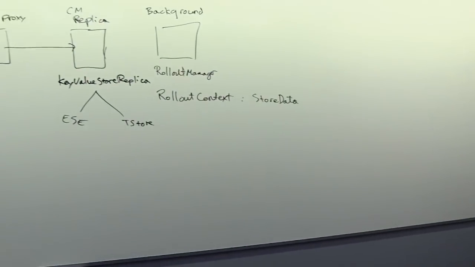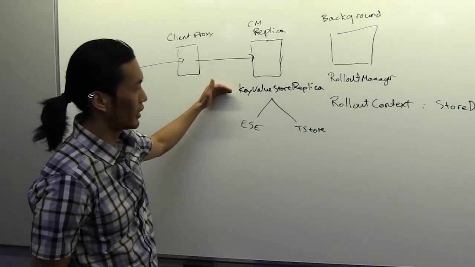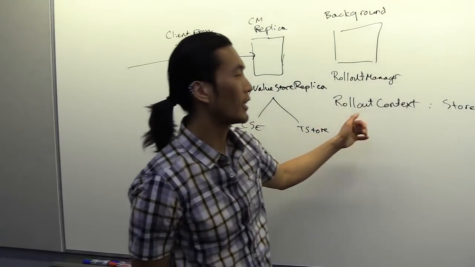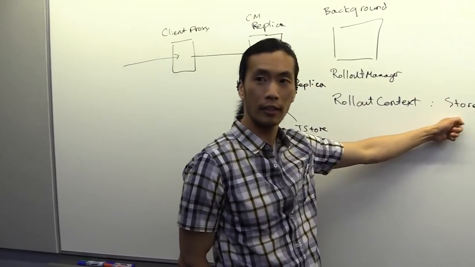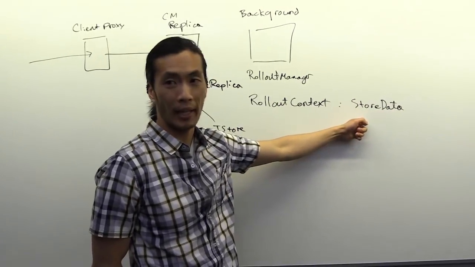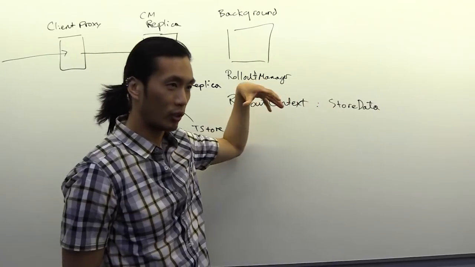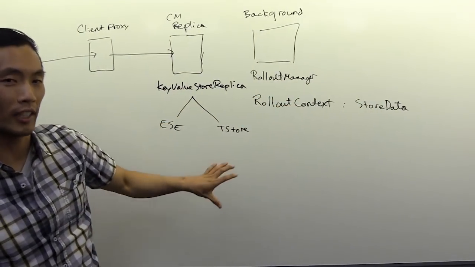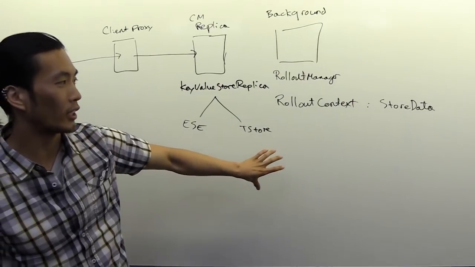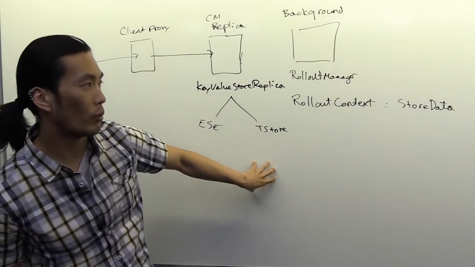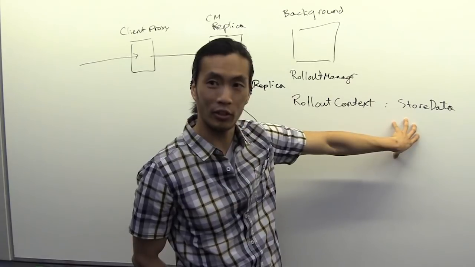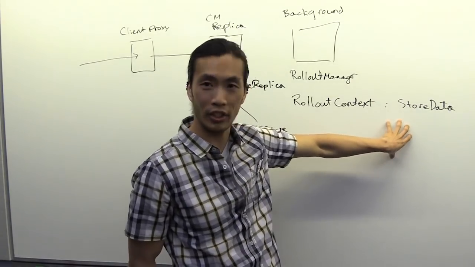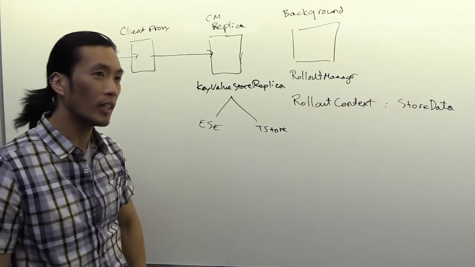I think some of the main things that came out of it were more on the store level, where some of these classes that I'm talking about, like the store data class, make it easier to manage the actual persistent state. Some of that came out later, so if you look at the failover manager or the naming service, they're actually not using these new classes, whereas the health manager and CM are.